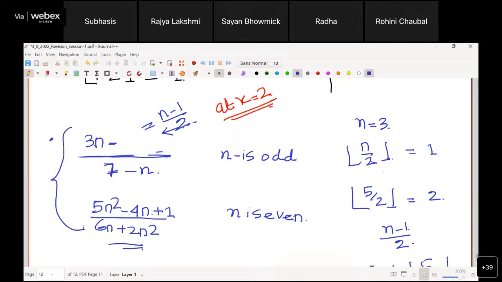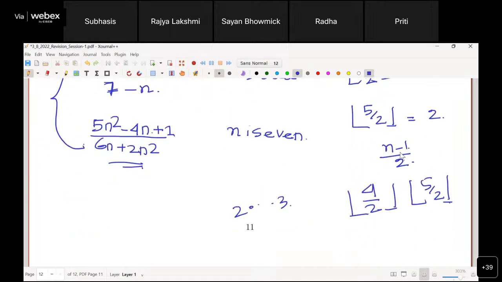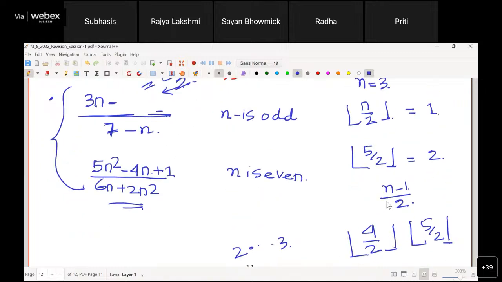Sir, can I tell in generalized form? Instead of taking the values 1, 3 and so on, can I try in generalized form? Since n is odd, we can take n as 2x plus 1.